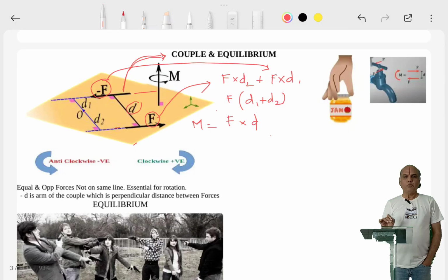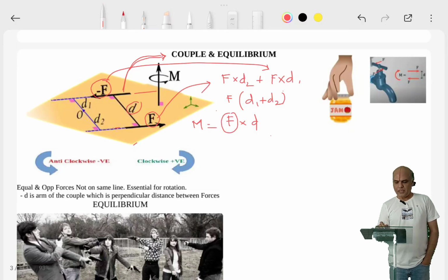And the moment of such a couple is obtained by one of the forces into the perpendicular distance between the lines of action of these two forces. So here it is d. The d is the perpendicular distance between the lines of action of the forces. This d is also called the arm of the couple.